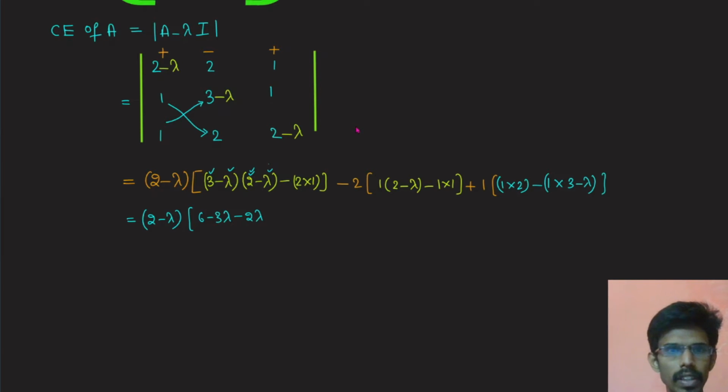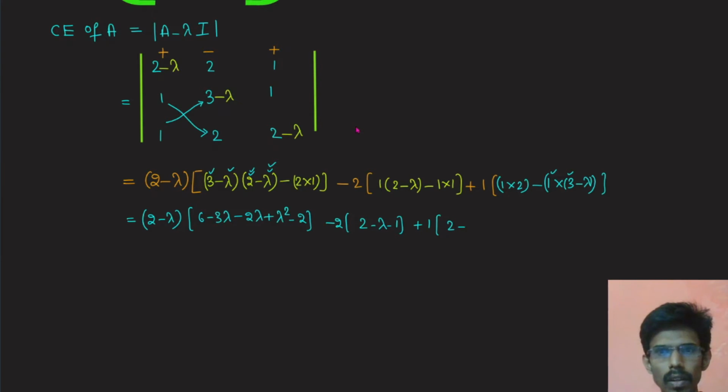Now lambda with lambda, so we have plus lambda square, minus 2 into minus 2. 1 into 2 minus lambda will be 2 minus lambda, minus 1, plus 1 into 2 minus 1 into 3 will be 2 minus 3, and 1 into lambda will be lambda, minus into minus will be plus lambda.